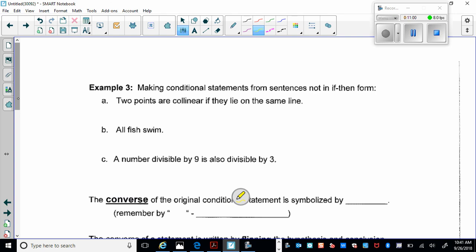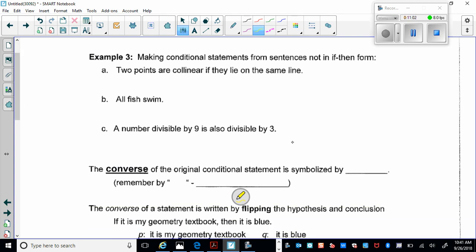This is the same thing here with example 3, but the only difference is it's not your traditional if-then statement. The statement given is, if two points are collinear, they lie on the same line, right? You don't see the if at the beginning, but you see it here, okay? It says make a conditional statement from a statement not traditionally in if-then form.